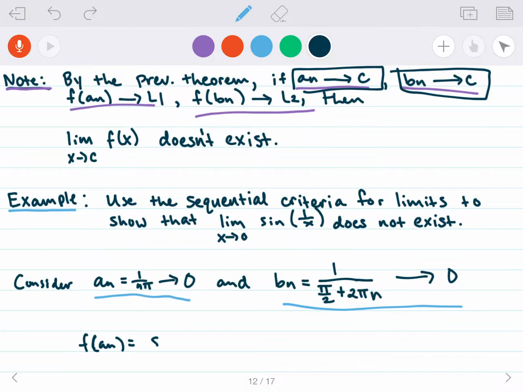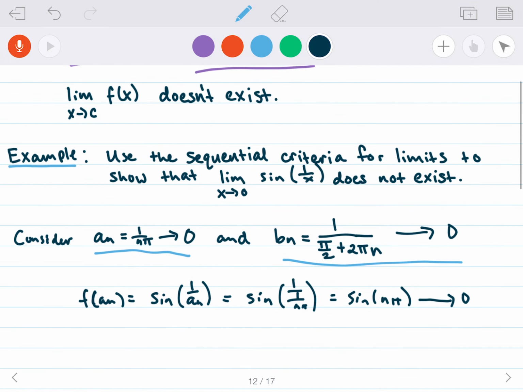So this is going to be sine of 1 over a sub n. And just by what a sub n is, this is sine of 1 over 1 over n pi, and that's just equal to sine of n pi. Now, in any case, this is going to go to 0 because it doesn't matter whether n is even or odd. Sine of n pi is always 0. So f of a sub n goes to 0.